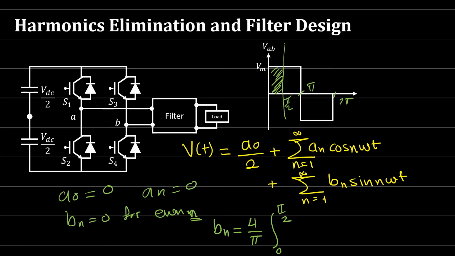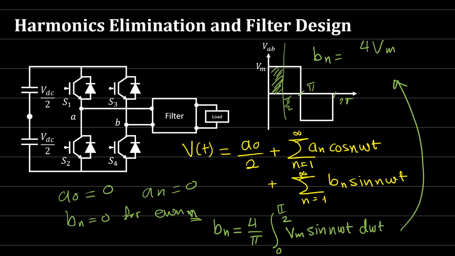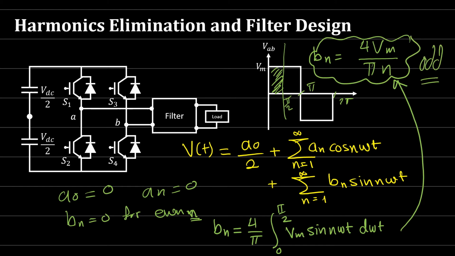Integration from 0 to pi over 2 of V maximum sine n omega t d omega t. So this is Bn. We substitute our values and we find at the end that Bn is equal to 4 V maximum over pi n. And this is only for odd harmonics, for the first, third, fifth, seventh, ninth, 11th, and so on.